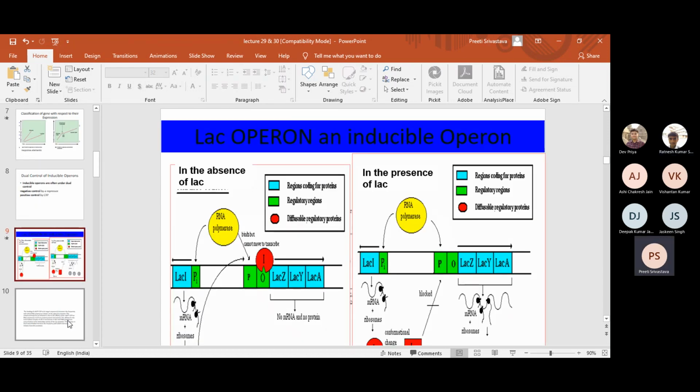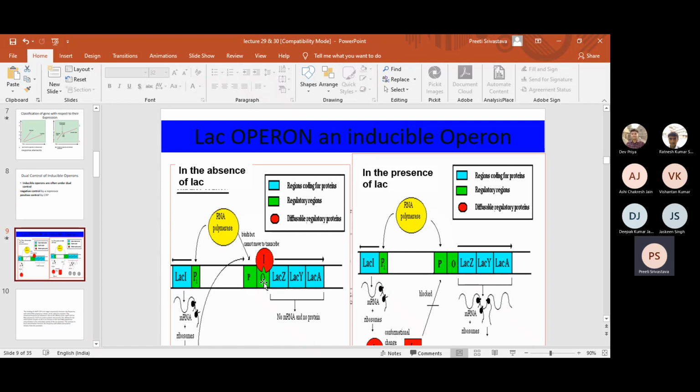So let's see. As I told you, lactose is an inducer of the operon, because only when lactose is present is the operon induced. How does this induction happen? In the figure, lacZ, lacY, lacA are the genes, P is the promoter, and O is the operator, onto which the repressor or regulatory proteins bind.